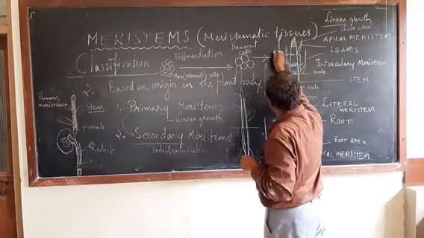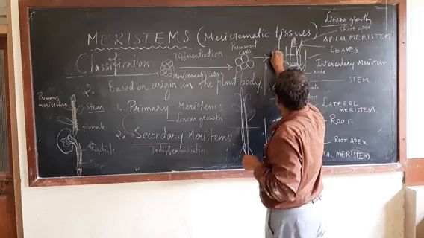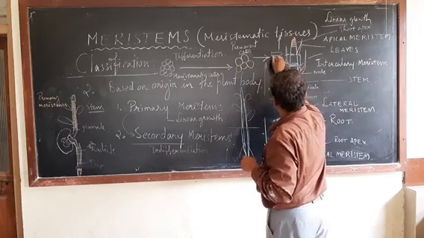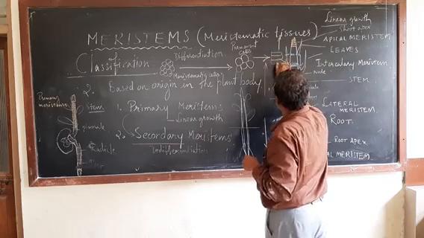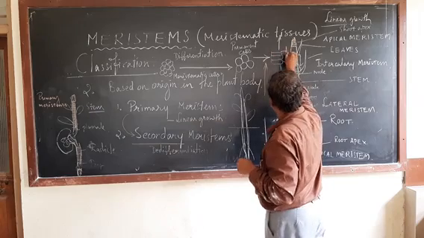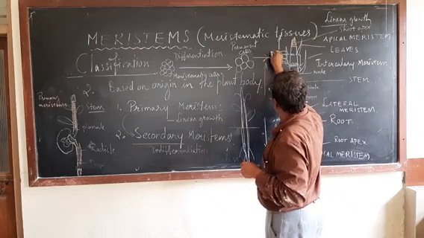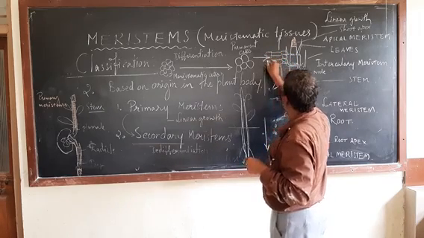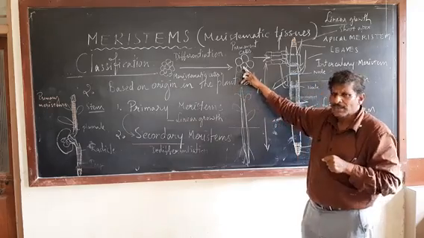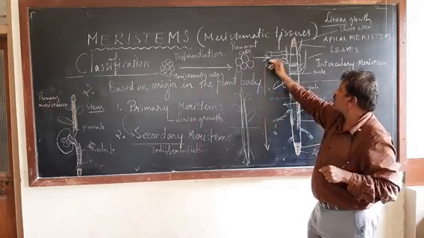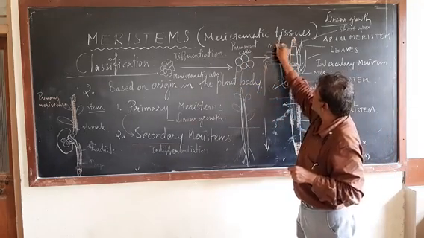By means of that transformation, they may change themselves into meristematic cells. These are the meristematic cells which are going to be formed. How are they formed? They are formed by the transformation of permanent cells into meristematic cells.